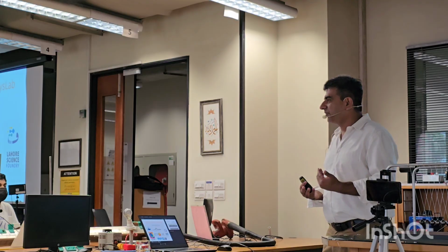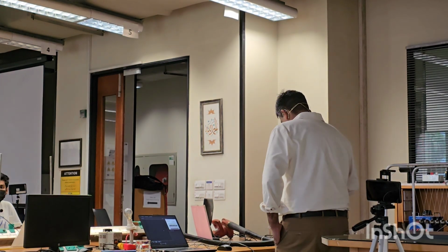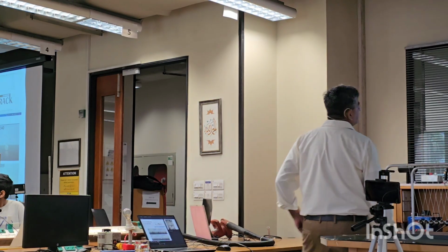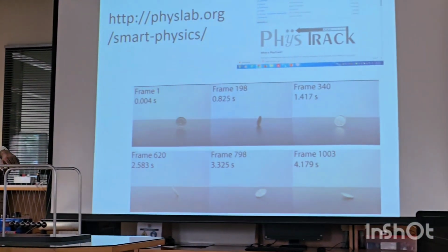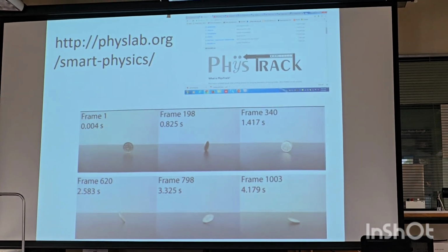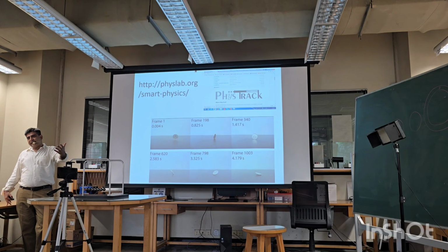Okay, so I'm going to walk you through today of what is possible with video tracking. Alright, so for video tracking, there are many solutions out there which are softwares that can take up a video or an image, and then you can get trajectory data out of that video.